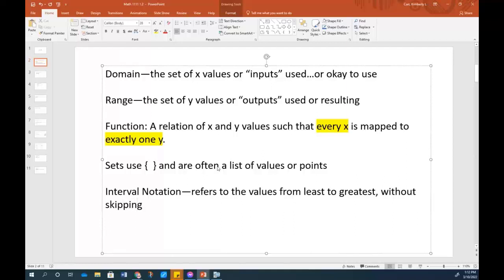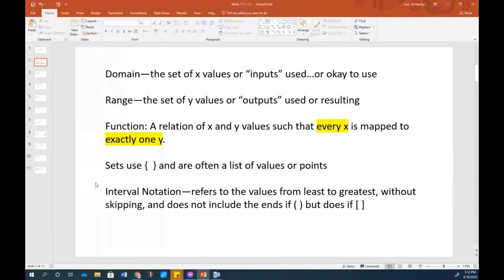That's what I mean by without skipping. And it does not include the ends if it uses parentheses, but it does if instead of parentheses, it has brackets. Oh, not a brace, a bracket.